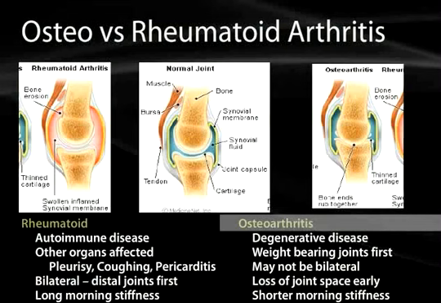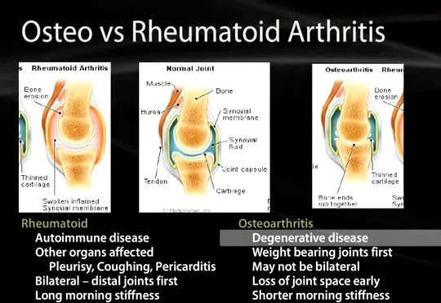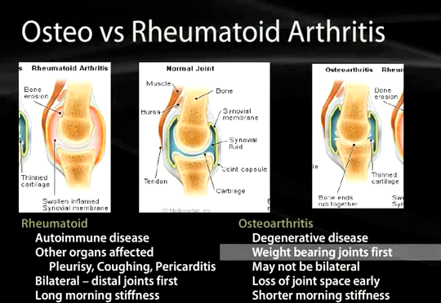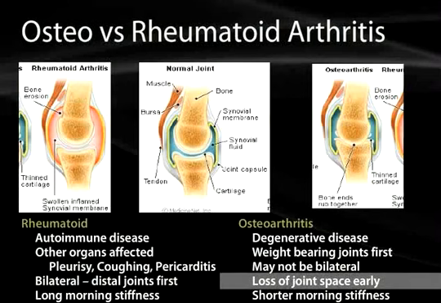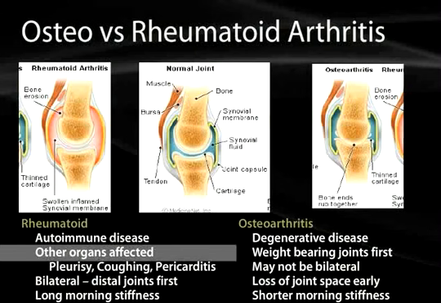The difference that also exists is that both are degenerative, but osteoarthritis tends to be in weight-bearing joints first, and it may not be bilateral. There's also a loss of joint space in the imaging of osteoarthritis, whereas rheumatoid arthritis is an autoimmune disease, so other organs are often affected.